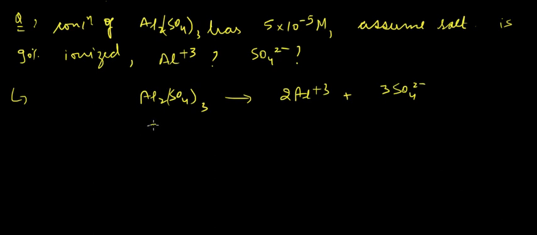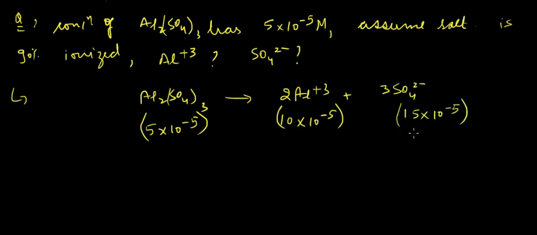The concentration of this is 5 into 10 raised to power minus 5, the concentration of Al3+ would be 10 into 10 raised to power minus 5, and SO4 2- would be 15 into 10 raised to power minus 5 M. This is actually only 90% ionized, so multiply it with 0.9.